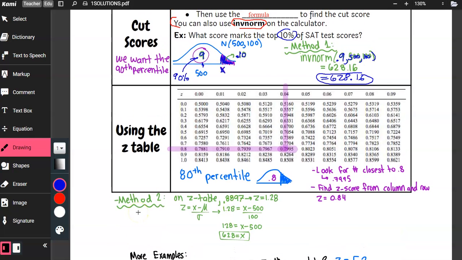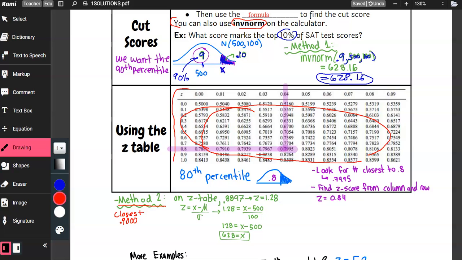And to show you a second method, to do it by hand instead of the calculator. On the Z table, you look for the closest value inside of here. You look inside for 0.9000.